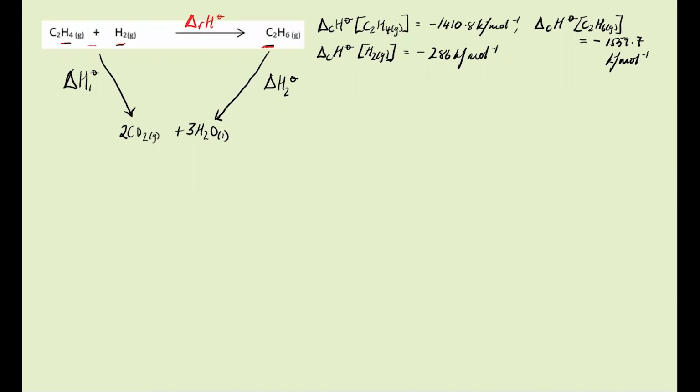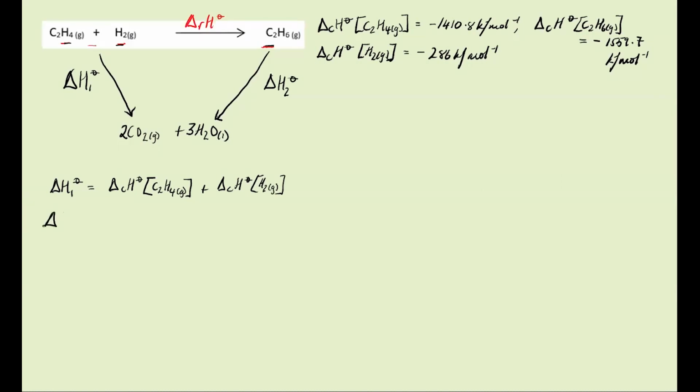So again, at the bottom here, I'm going to write out what delta H1 represents, and that represents the enthalpy of combustion, no need to times it by anything because it's only 1 mole within the top equation, of ethene, plus the enthalpy of combustion of hydrogen gas.